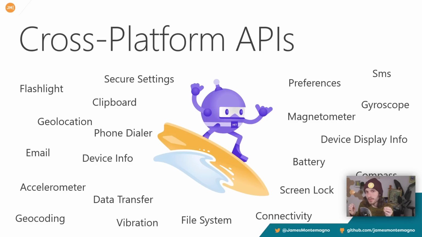This is one of the unique features of .NET MAUI that I simply love. It's built directly into the box from the very beginning. It gives you access to over 60, 70, 80 different APIs right away. You don't have to touch any other platform code. It's available cross-platform.